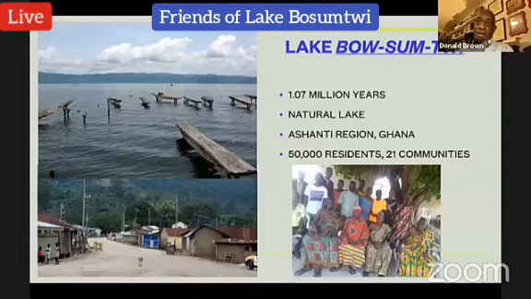The lake is located in the Ashanti region of Ghana. It's a natural crater lake that was created slightly over 1 million years ago. There are approximately 50,000 residents who live in 21 communities around the lake area.